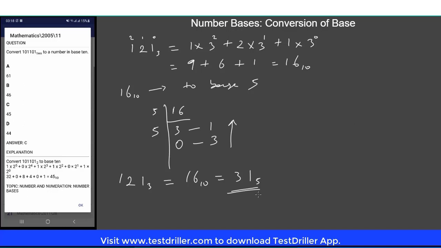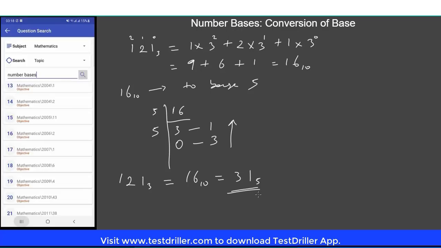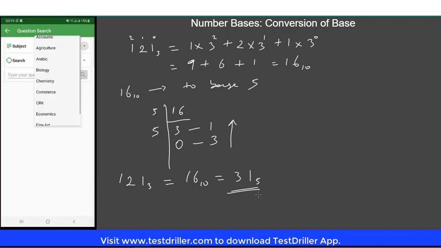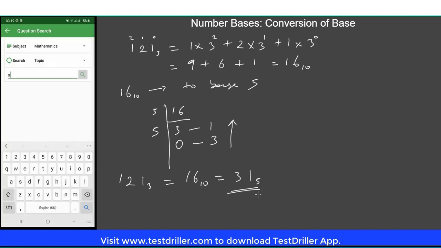Let's take a look at an example from a UTME past question. Let's search for the question. So you select maths, then you want to search by topic, and this time around you want to search for questions related to number bases.